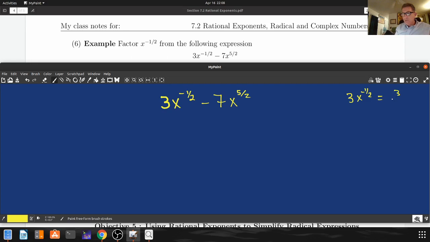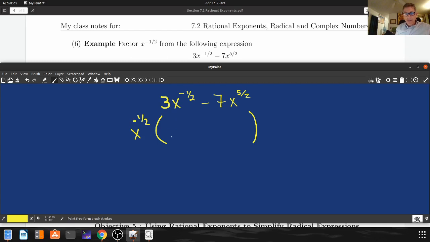So that's equal to 3 over x to the 1/2. But we're not going to worry about that, because oddly enough, what they want us to do is to factor out x to the minus 1/2.